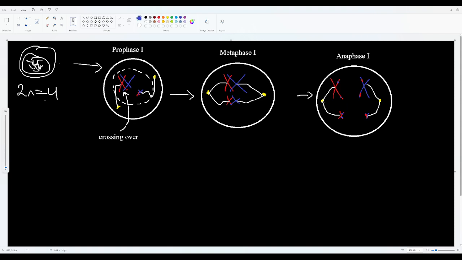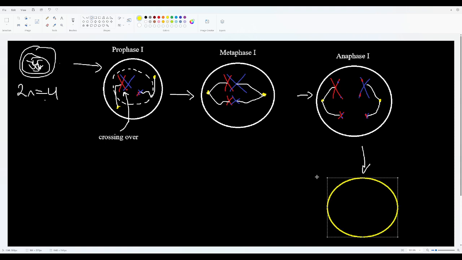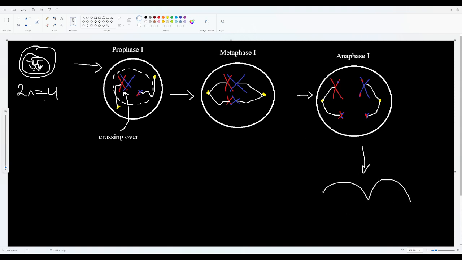So good. Let's now move into telophase 1. Now we have the cleavage furrow forming. We have the nuclear membrane reforming. We have the DNA decondensing.